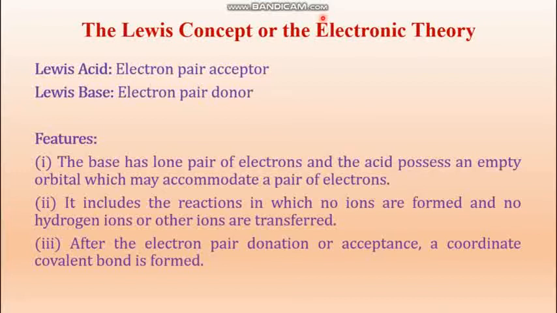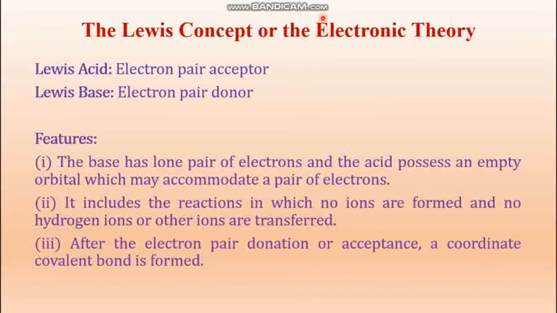Likewise, here this is a much more advanced theory, where an electron pair acceptor will be considered as an acid, which is called a Lewis acid, and an electron pair donor will be considered as a base, which is a Lewis base. Now the salient features of this theory are, first of all, the base has a lone pair of electrons and the acid possesses an empty orbital which may accommodate a pair of electrons.